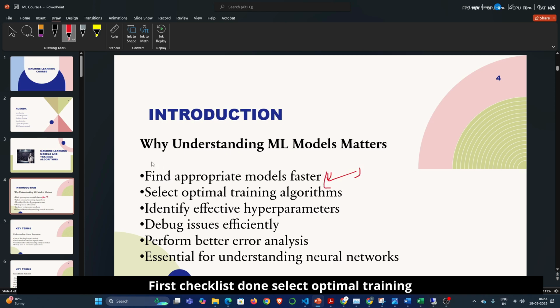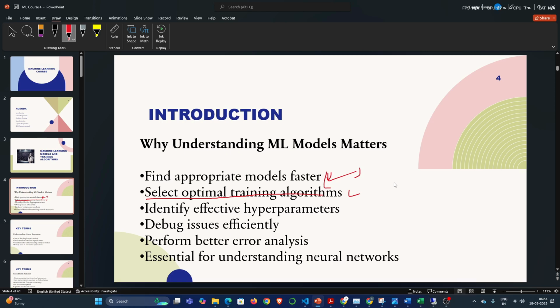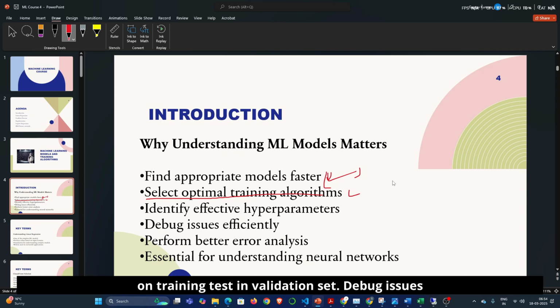First checklist done. Select optimal training algorithms. That's what really matters. And effective hyperparameters for those models, in which our model is performing well on the training, test, and validation sets. Debug issues efficiently. If we don't know about the models, how can we debug the issues, right?